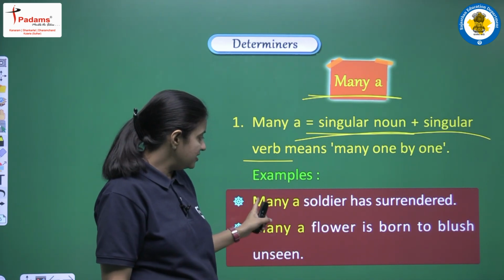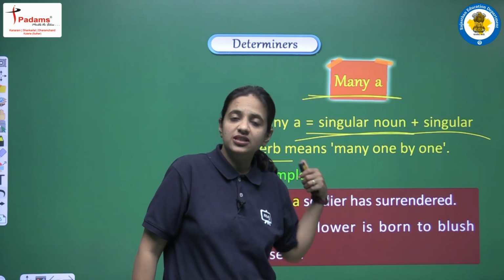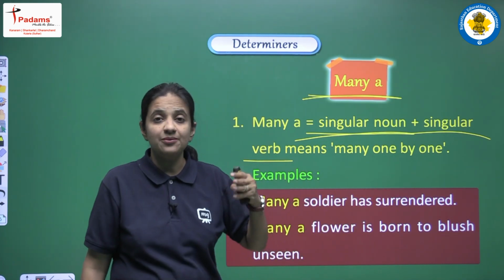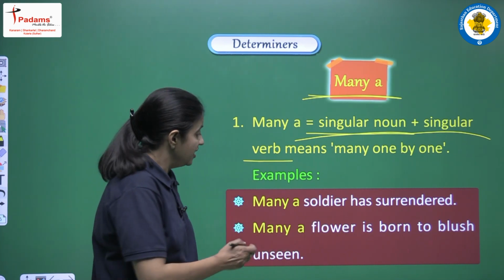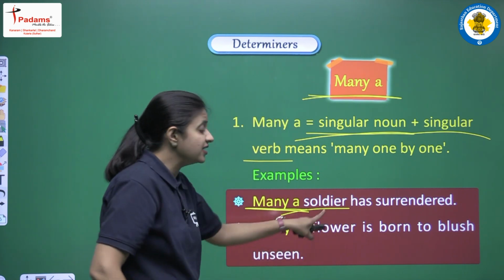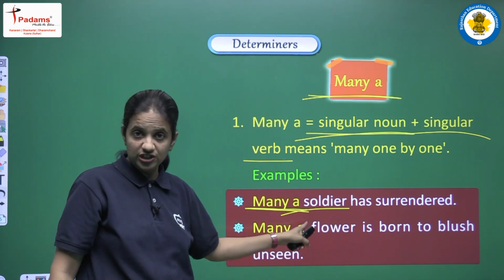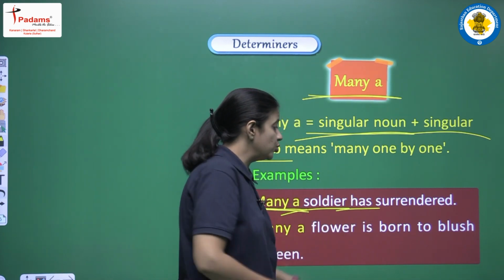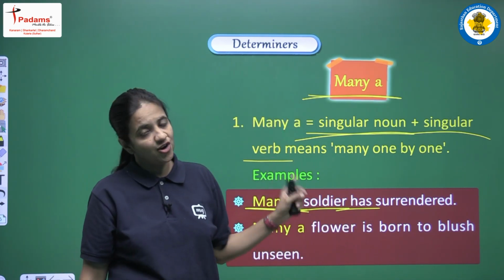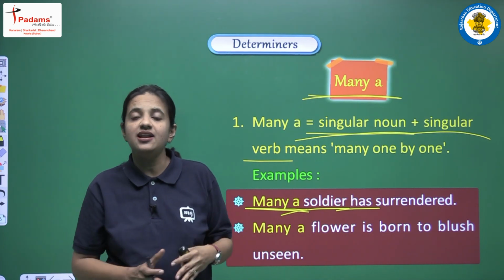We are having the first example: many a soldier has surrendered. This sentence can be written using many, but what is the difference? After many a we are having a singular noun, we are not writing soldiers, we are writing soldier only, and we are having a singular verb, that is has, not have.